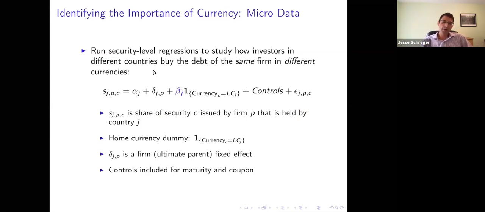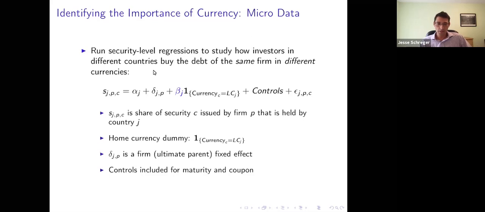In order to identify the importance of currency, we ask how much more of a bond an investor buys, issued by the same firm, if it's in the investor's own currency than if it was in any other currency.